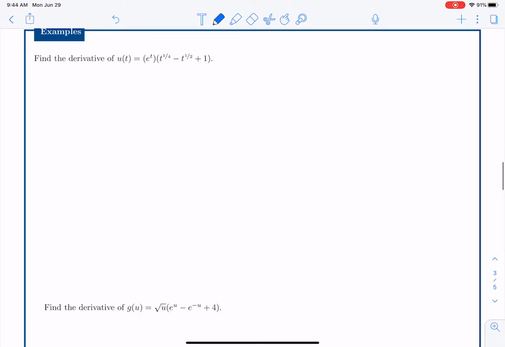So here we have an example where I'm starting with u, which might be quite confusing. So u is the dependent variable. t is the independent variable.